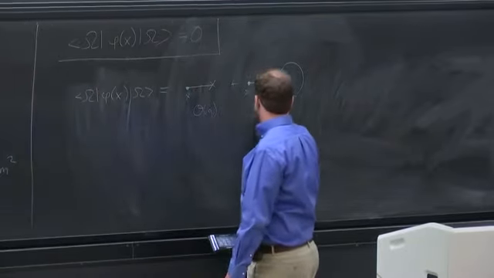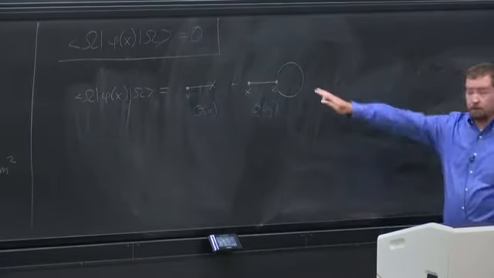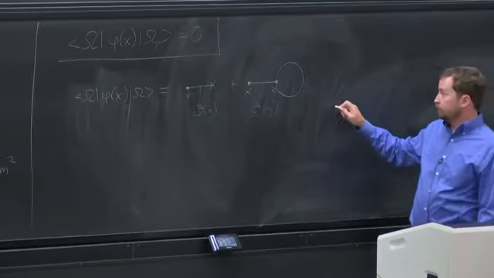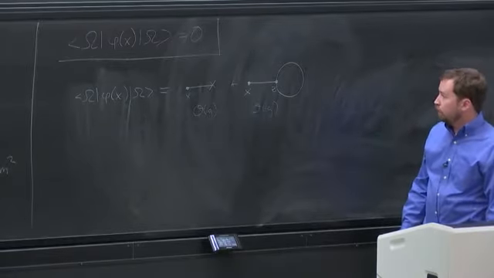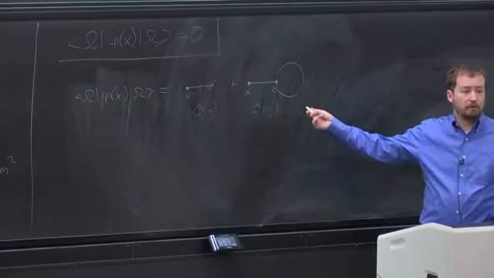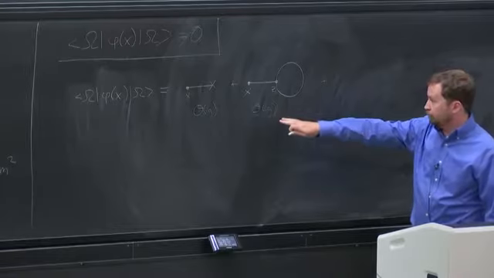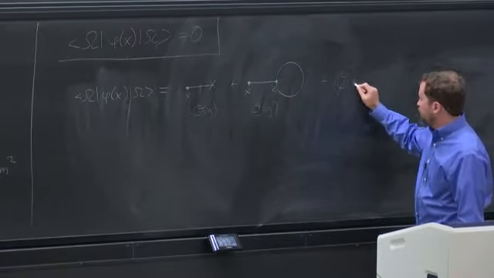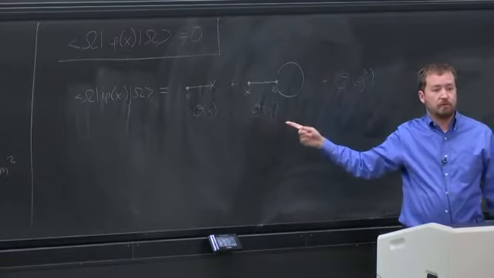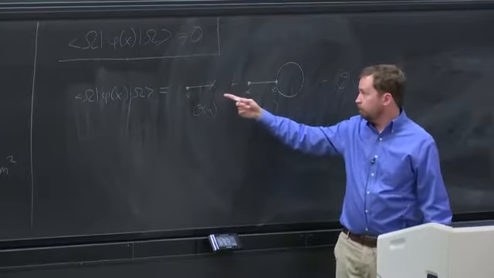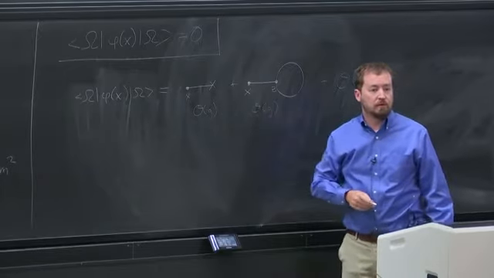So this term will also contribute at order G. It has additional contributions at higher order, but it has a contribution at order G. And anything else I write down will involve more vertices at higher order. So if I'm working at order G, this is all there is. In fact, there's nothing else I can write down that's order G squared. There are no diagrams that involve 2 of these vertices or 2 of these vertices or 1 of these each.